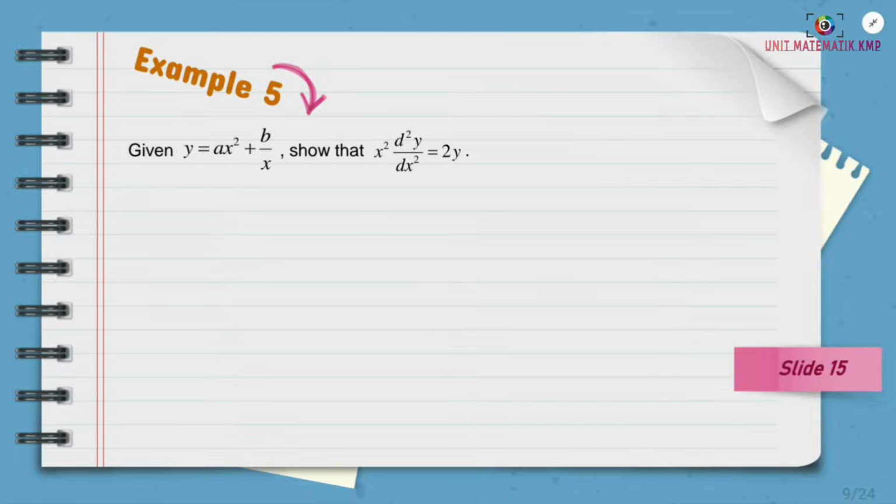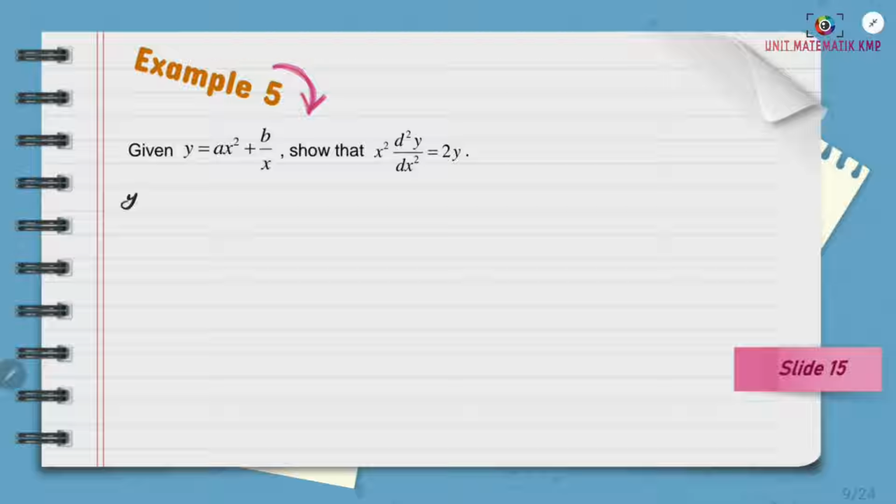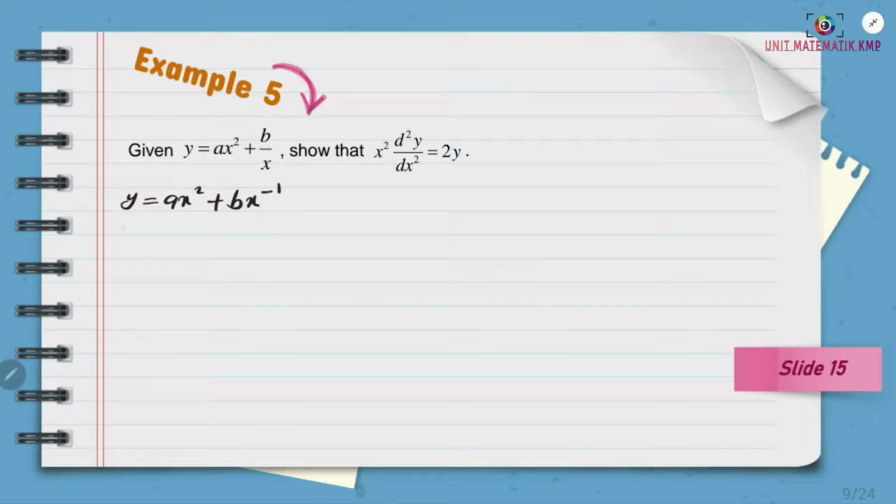For example 5, given y equal to ax squared plus b over x, show that x squared times d2y/dx squared equal to 2y. For this question, we use the second derivative. First, when y equal to ax squared plus bx power negative 1, dy/dx is equal to 2ax minus bx power negative 2.